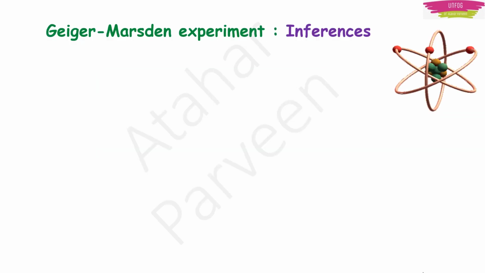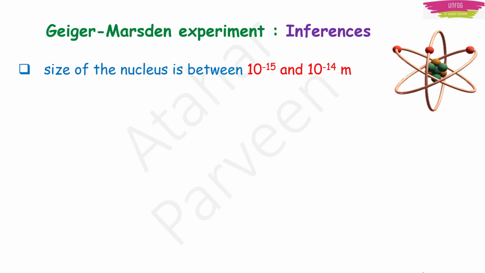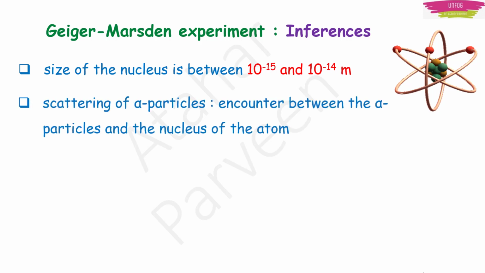After that observation, they came to some conclusions. The inferences of their experiment were that the size of the nucleus is between 10 to the power minus 15 and 10 to the power minus 14 meter. The scattering of alpha particles happened because of the encounter between alpha particles and the nucleus of the atom.